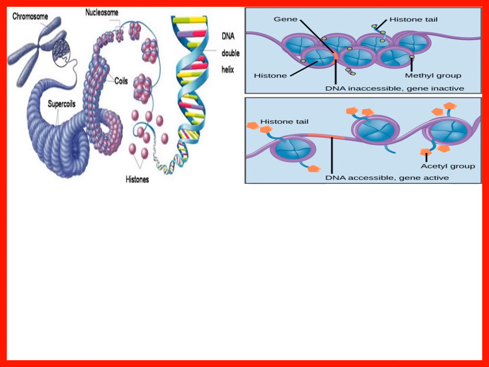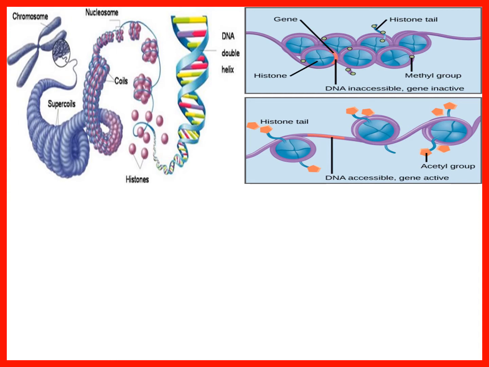Now, to do transcription, the DNA has to be accessible to RNA polymerase. DNA is actually wrapped around proteins, and these histone proteins can make DNA inaccessible.